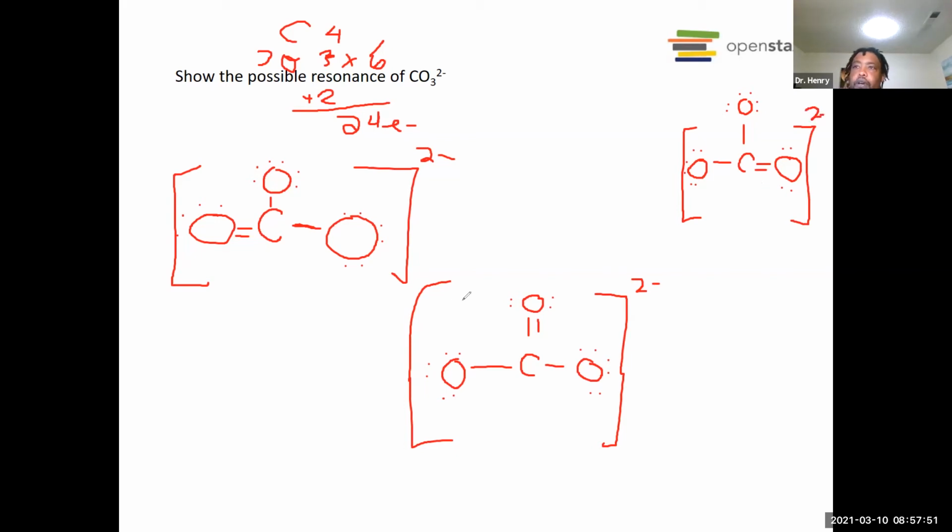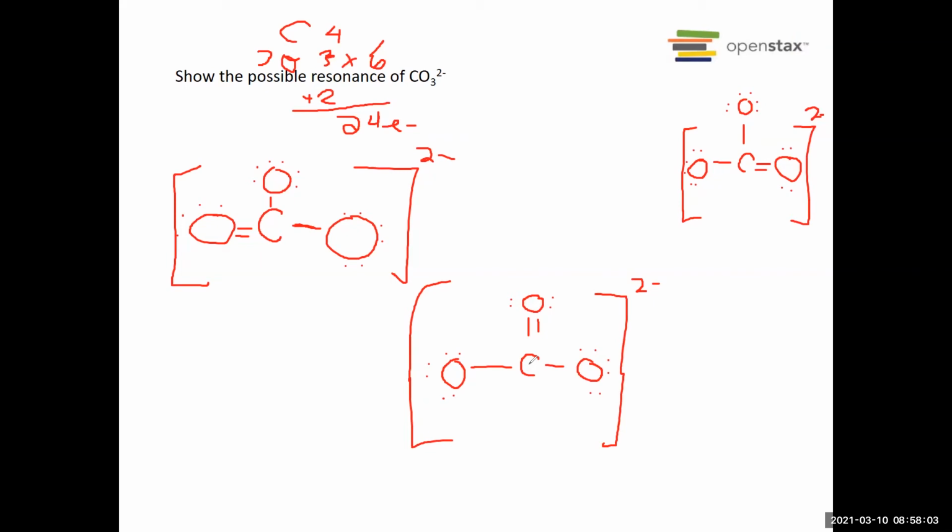Okay, so again, they're all going to exist. The only thing different is where those double bonds are going to be located. So it's going to shuffle between those oxygens. Make sense? Yeah.